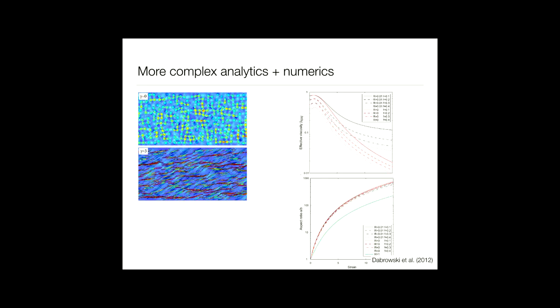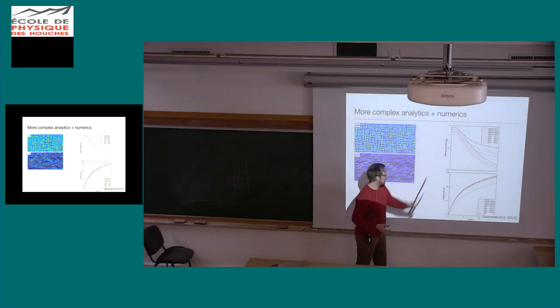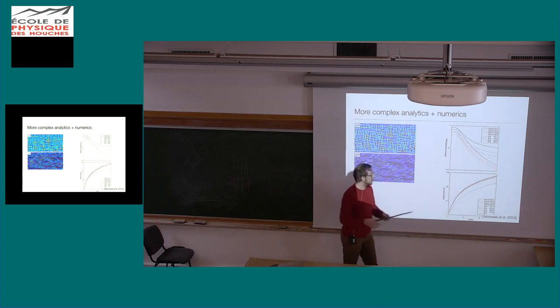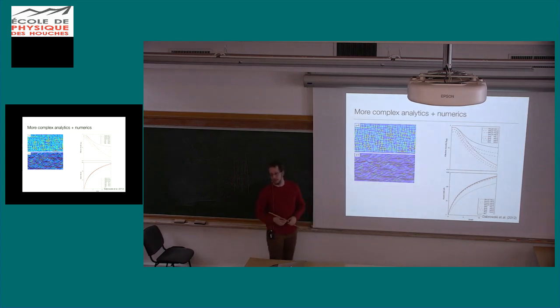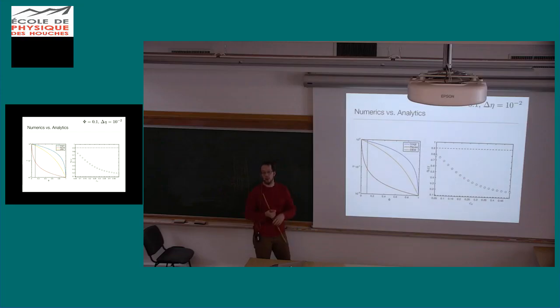Then what they get is an effective shear viscosity, and an aspect ratio of their ellipses with ongoing strain, and then they have some expression for how that evolves. So the idea was, we use that expression and just apply it to our random medium and see how well it fits.